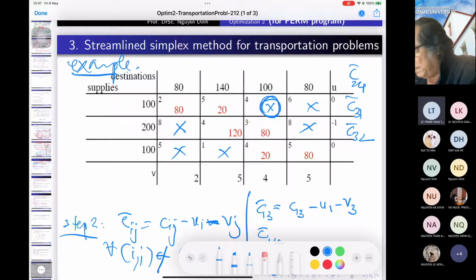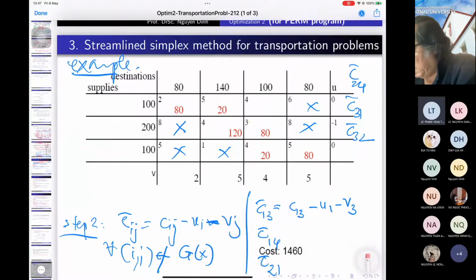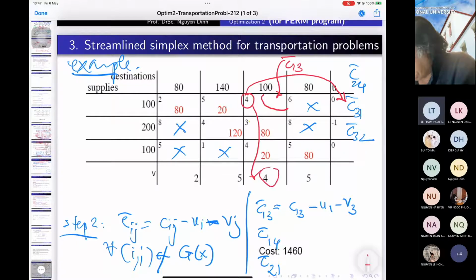So how do you calculate that? Very easy. Take a look. At this number, I will write down C bar 1,3 here. C bar 1,3 equals C1,3 minus U1 minus V3. Is that okay? 4 minus 4 minus 0, then it is 0.